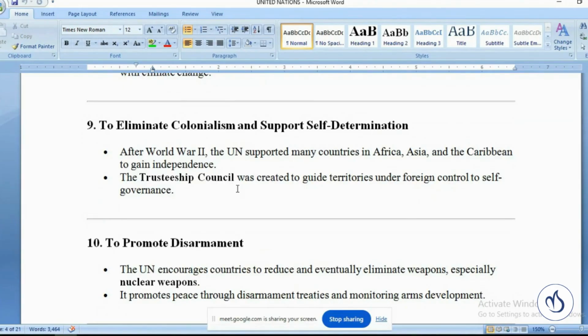What we call colonialism is the way these states are governed by the colonialists. So the UN supported many countries in Africa, Asia, and the Caribbean to gain their independence.